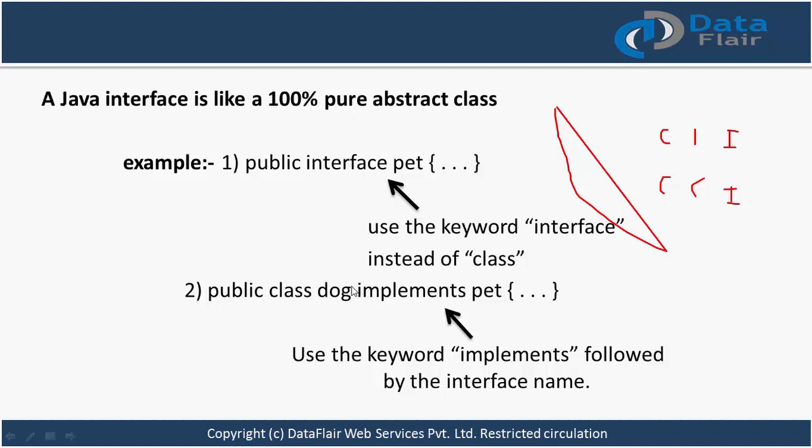In case you fail to define all the methods, your class will become abstract, and of course you cannot create an object of an abstract class. So in future, if you want to create an object, we have to create a new class which will extend this dog class. So this is the concept of interface.